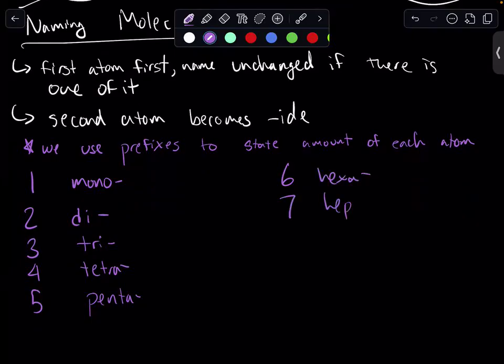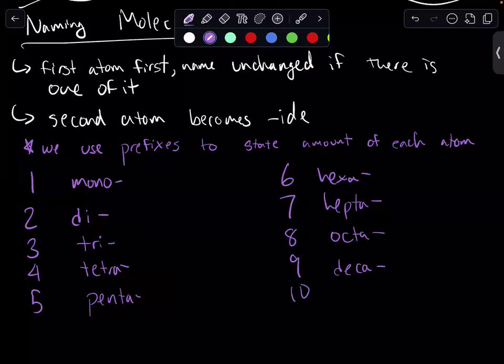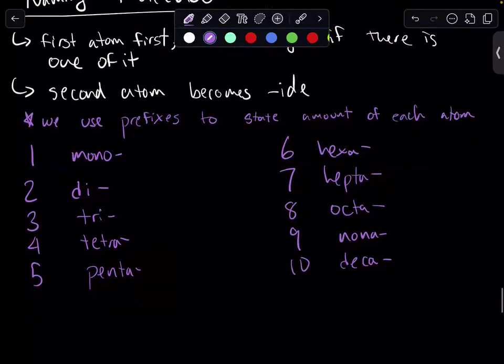Seven is hepta. Eight is octa. Nine is deca. And 10, oh, whoops, nine is not deca, that's 10. Nine is, whoops, nona. And 10 is deca.